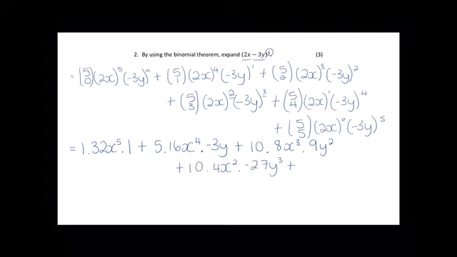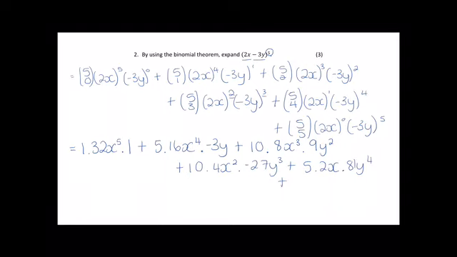Plus 5 choose 4 is 5. Timesing it by 2x to the power of 1. We'll just write it as 2x. Timesing that by, so we've got negative 3 to the power of 4 at this next point. So remember that a negative number to an even power is going to give you a positive number. 3 to the power of 4 gives us 81, and we've got our y to the 4.